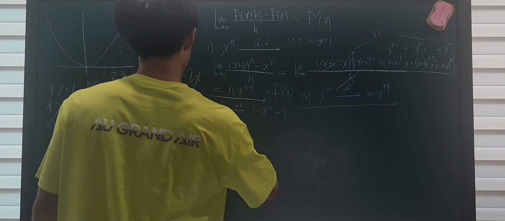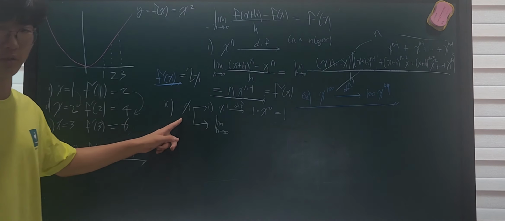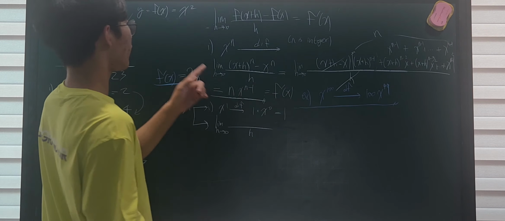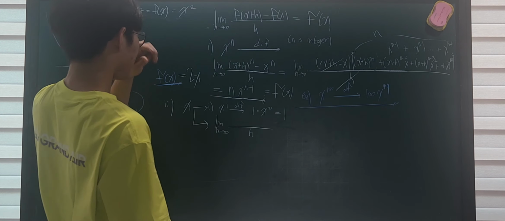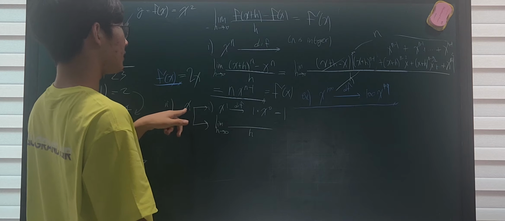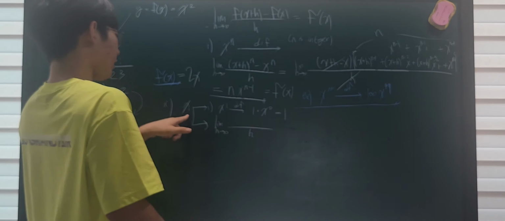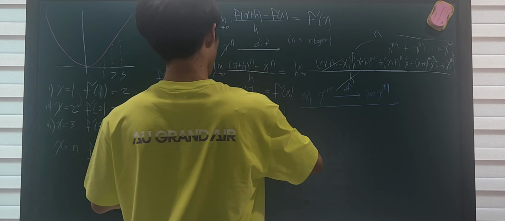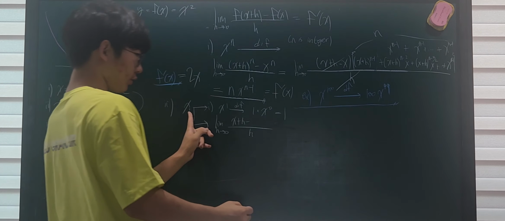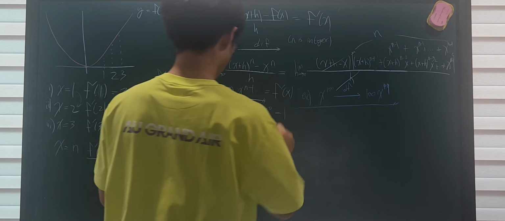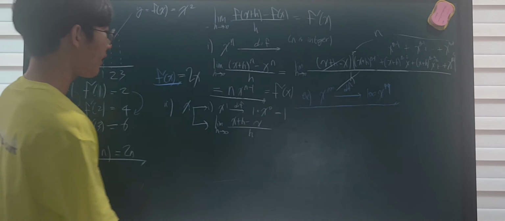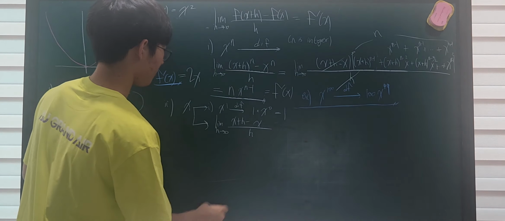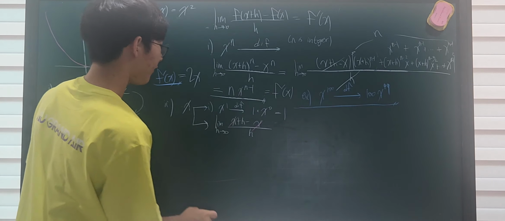Limit h approaches 0, and let's say this is just a function, right? Function y equals x. Then over h, since the x and the y values are the same with each other and y equals x, then f(x plus h) will be equal to x plus h, minus f(x), which is exactly equal to x, right? So then the x and the x cancel out, leaving h over h.